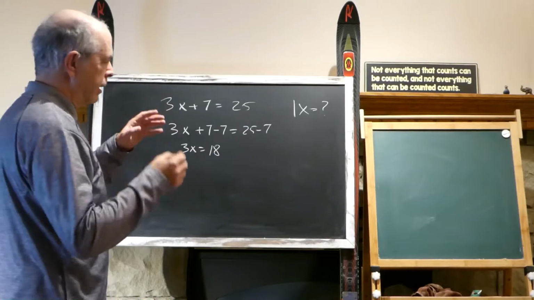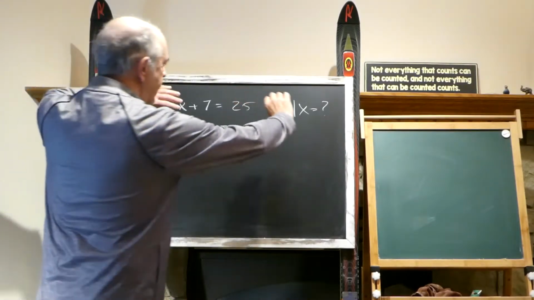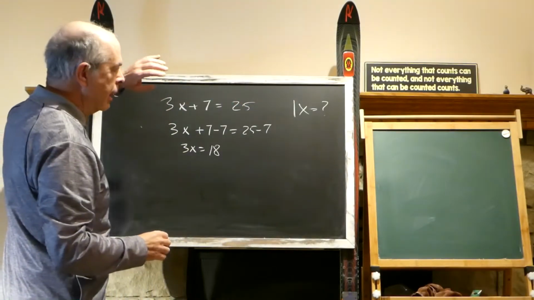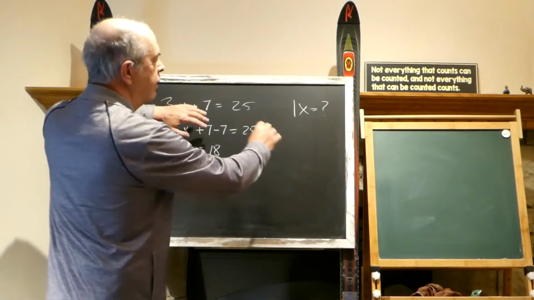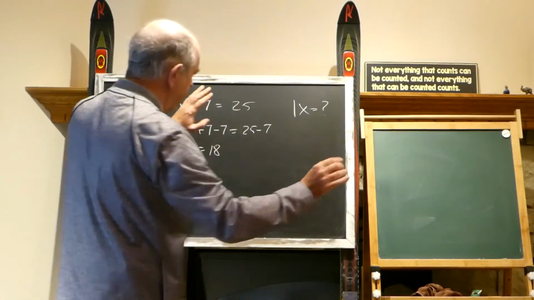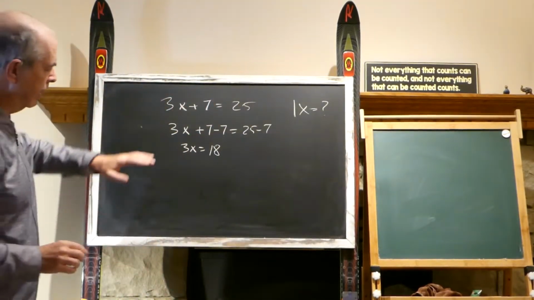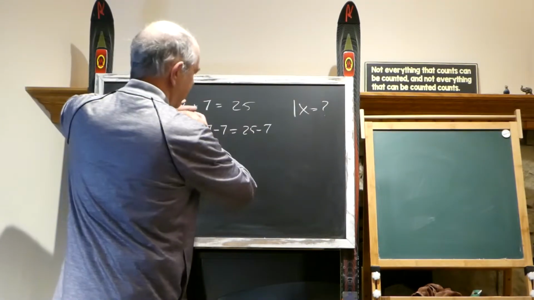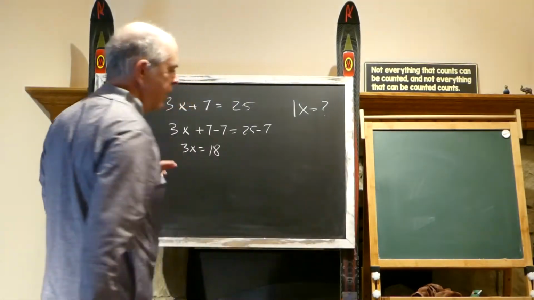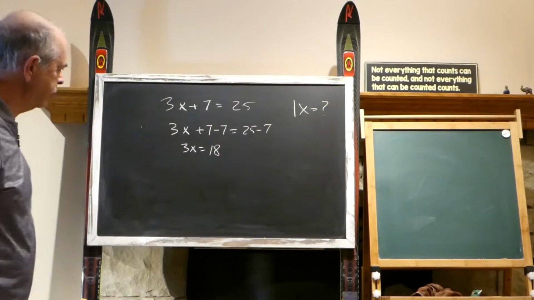This is a formal trick because left is the same, right is the same. I can subtract 7 from left and 7 from right, and the equation will be correct. I can subtract 7 apples from left, 7 apples from right, and the equation will be the same.